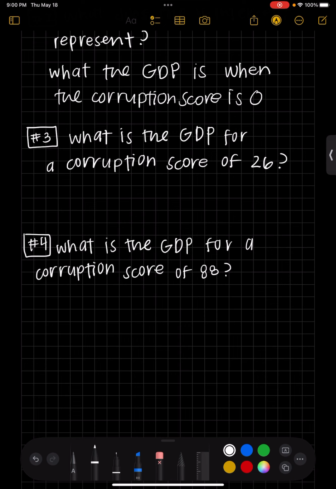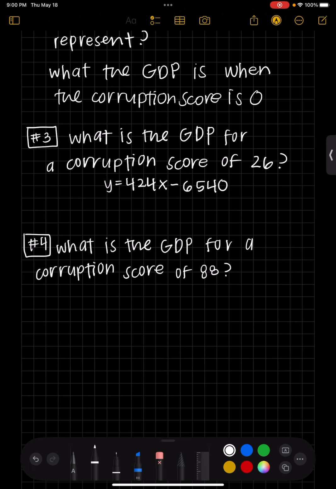Okay, and then the next two examples are a little bit more mathy and a little bit less vocabulary. So the third example says, according to the model, what would the GDP per capita of a country be with a corruption score of 26? So they gave us this neat little equation to represent that line, and it was y is equal to 424x minus 6,540. And they told us that X represents the corruption score and Y represents the GDP.